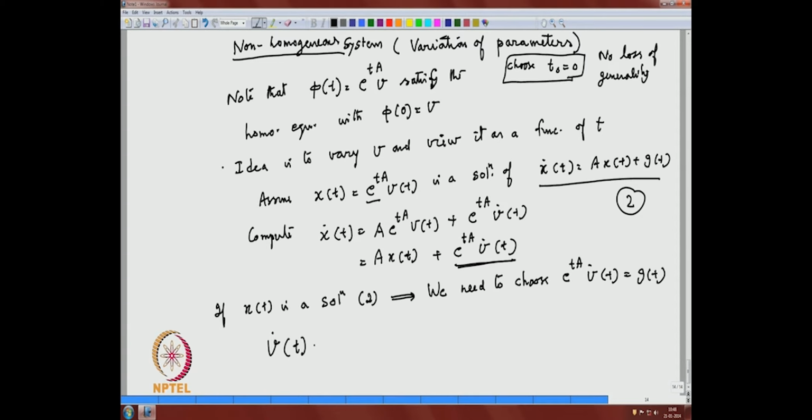This is an integral calculus problem; you have nothing else to do. V dot of t is e power minus t A into g t.